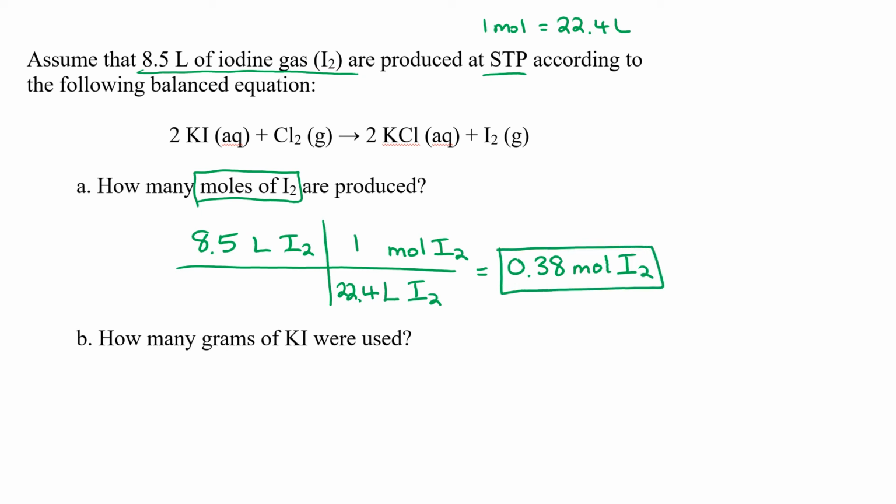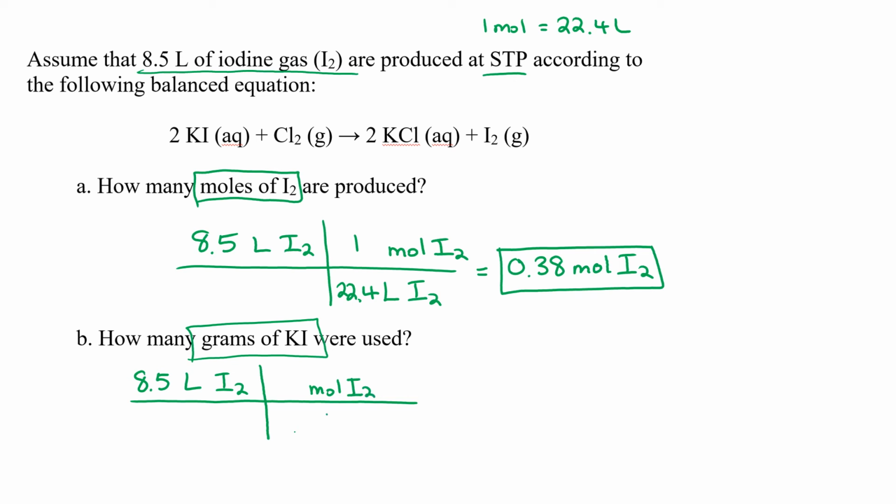Second part of the problem says, how many grams of potassium iodide were used? And so in order to do this, we need to use stoichiometry. So I'm going to start off with my given number again and convert, asking myself those questions. Am I in moles? I am not in moles, so moles it is, copy and paste on bottom.